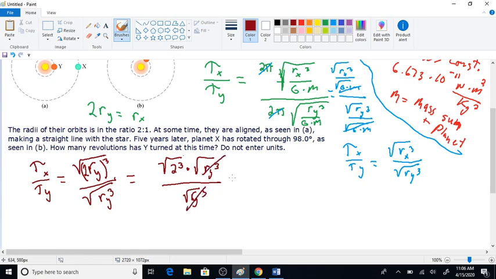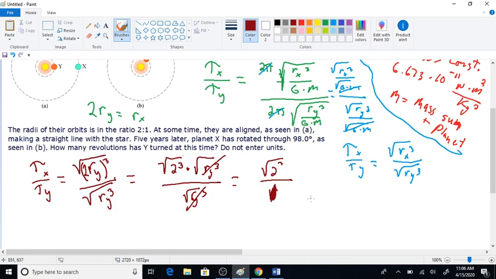These two cancel. So this is actually equal to the square root of 2 cubed over 1. That's 1, because that's a 1. Okay, so what is 2 cubed and the square root of that?